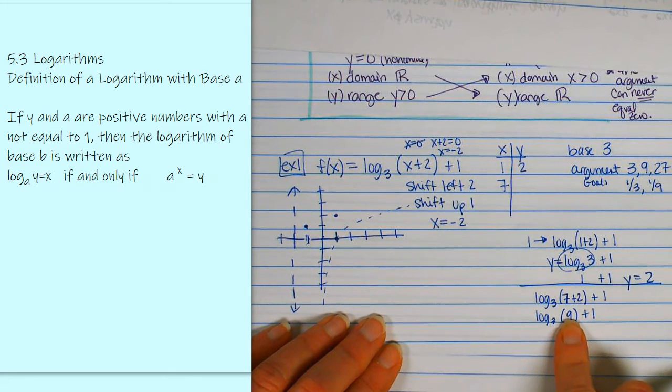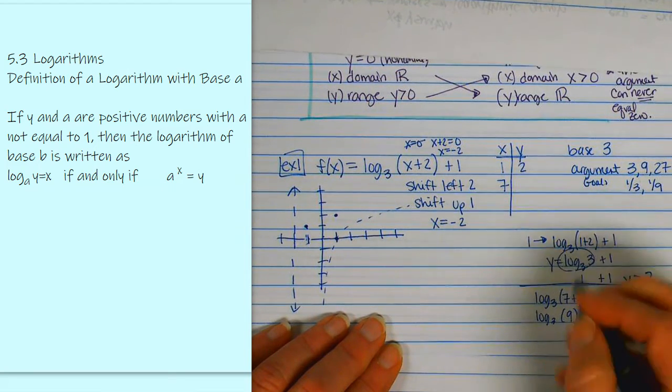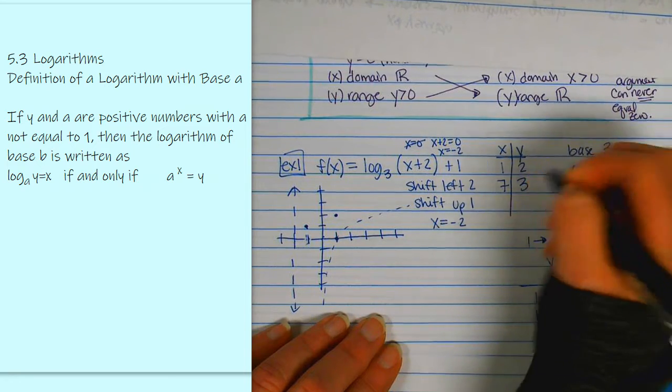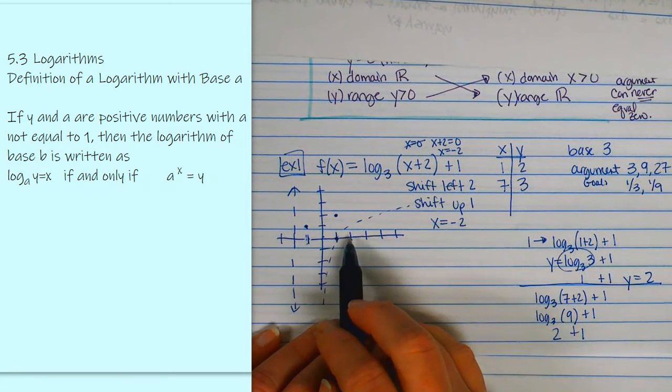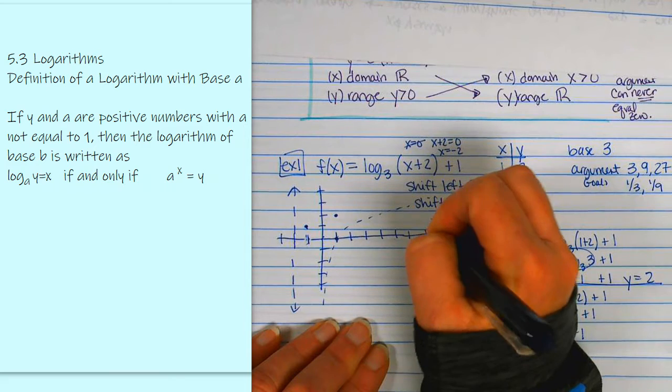Logs are exponents. So what's the equivalent exponent? Log base 3, so 3 to the what power is 9. Logarithms are exponents. I'm looking for an exponent. 3 squared is 9. So the exponent is 2. Plus 1 is 3. So at 7, 1, 2, 3, 4, 5, 6, 7, I'm at 3.